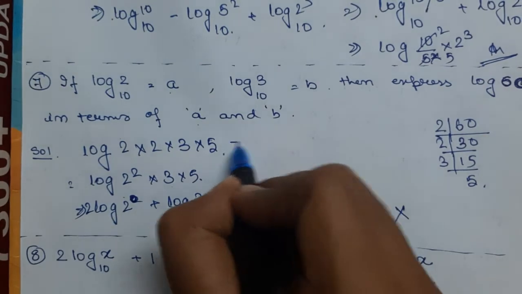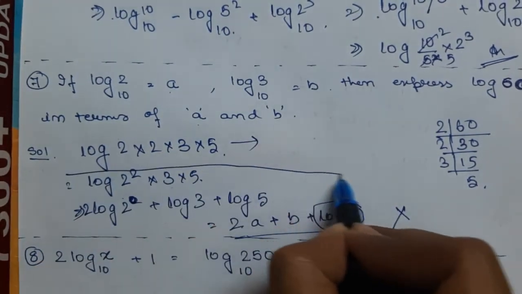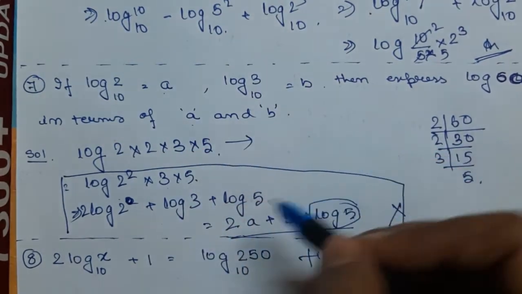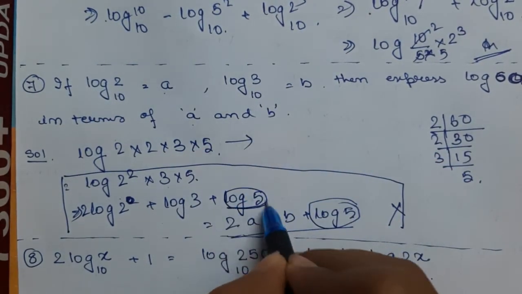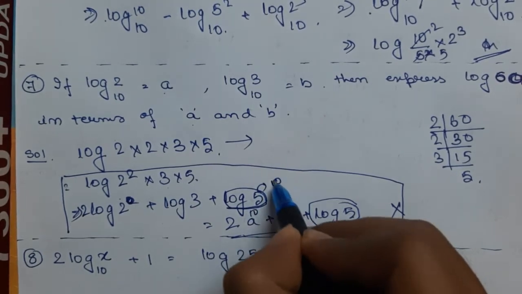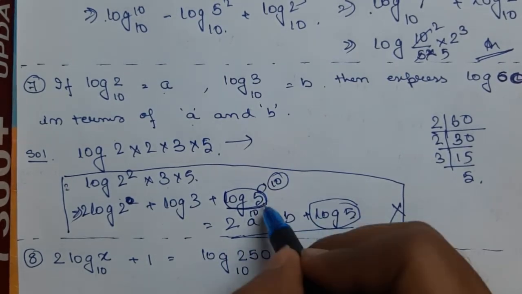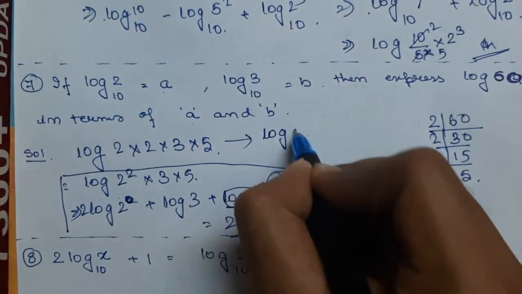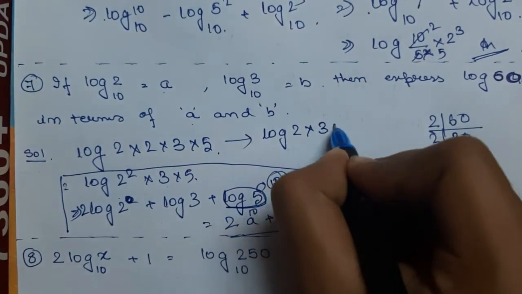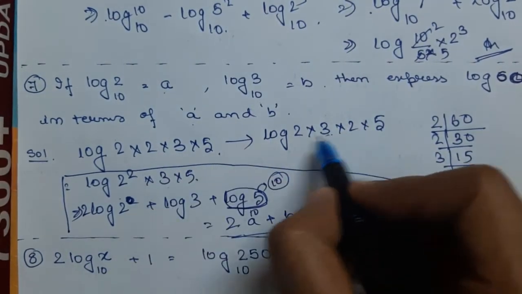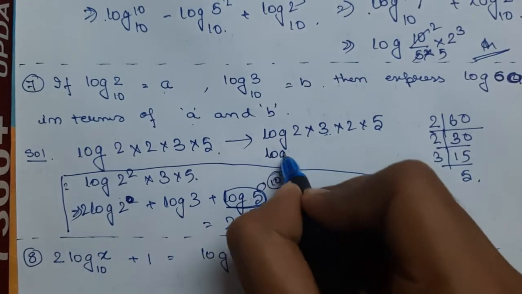Okay, from here what should we do? See, here we are remaining with log 5, right? And here the base is 10. If we could bring 10 here, then the value will be 1. There will be no problem now. See, I can write it as log 2 into 3 into 2 into 5. I can convert it like this. This is the same, but I have changed only the placing of 2, right?